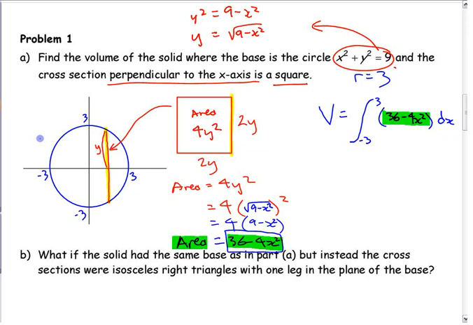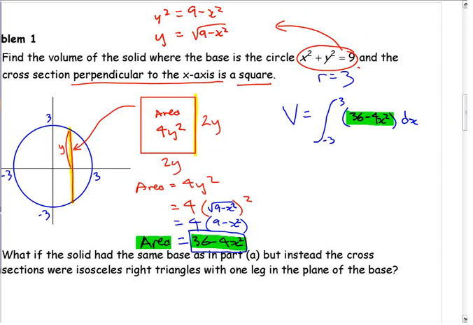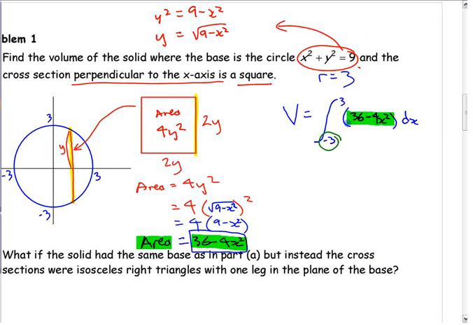I guess if you wanted to be clever and just different, instead of going from negative 3 to 3, what could you do? You could go 0 to 3 and then times it by 2 if you wanted to. So there's no one exact way to do this, but we can stick to this for now. I don't care if you do this again with the calculator or algebraically.